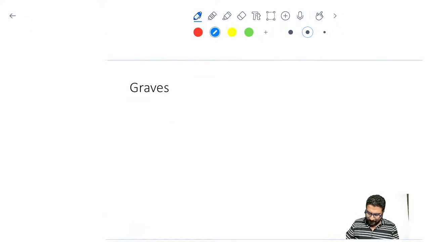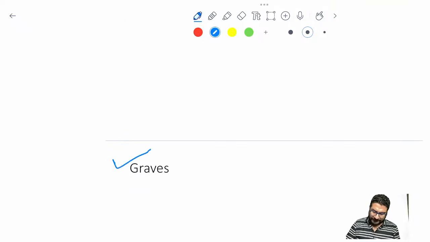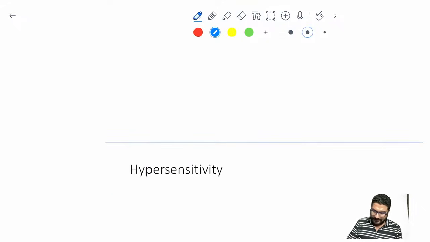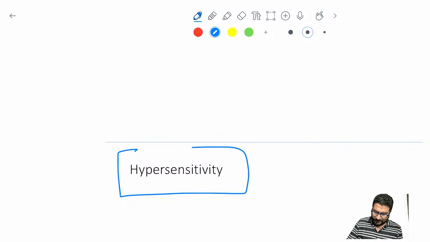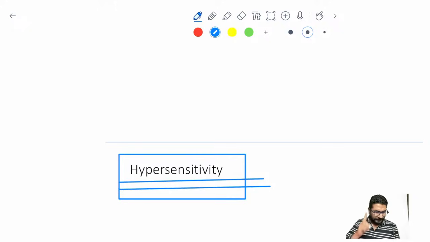Okay, then these are some important topics which you have to remember. Raynaud's questions come again and again, so you have to read Raynaud's. Graves disease, they ask you questions in the exam. Just remember it's type 5 hypersensitivity. Then in your pathology copy or textbook you can see a table of hypersensitivity. There is always one question on hypersensitivity in the exam.